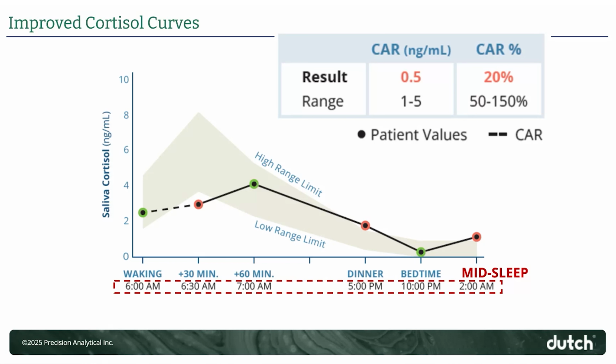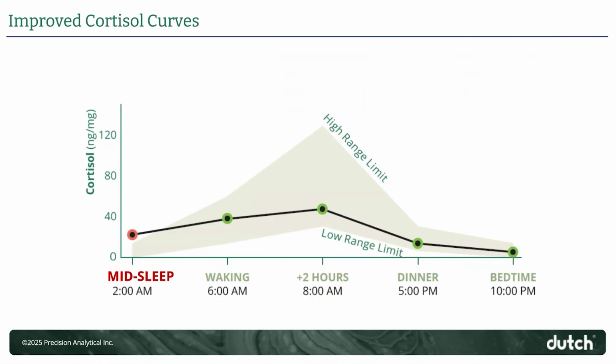This is the sample that at 2 a.m., when you can't sleep, you're collecting to see if cortisol is part of your sleep story. We're going to put that on our diurnal curve. Additionally, if people decide to collect that sample at noon in the midday, we're also going to put that on the curve. So again, these used to be listed on the tables. Now we're going to be plotting them conveniently on this diurnal curve so that you can see all of the data.